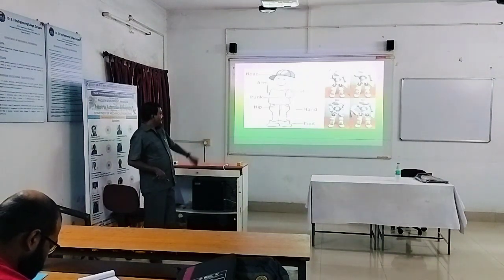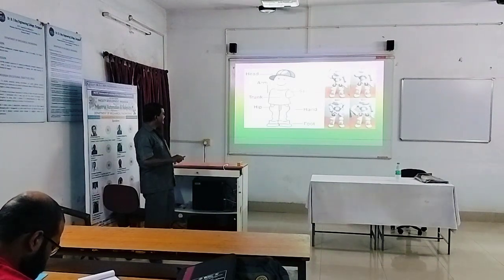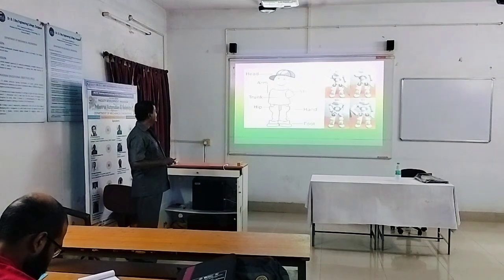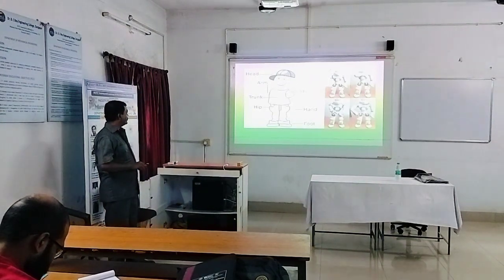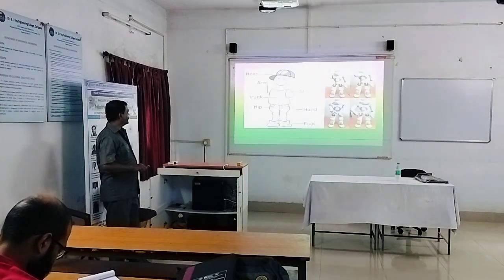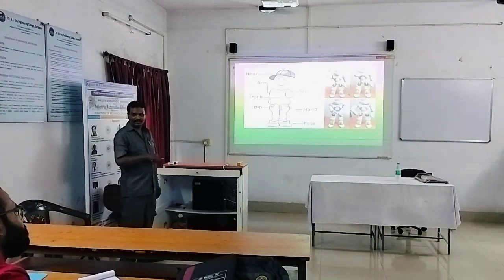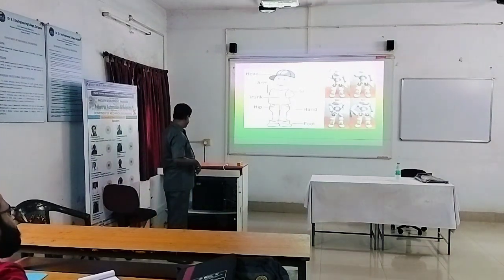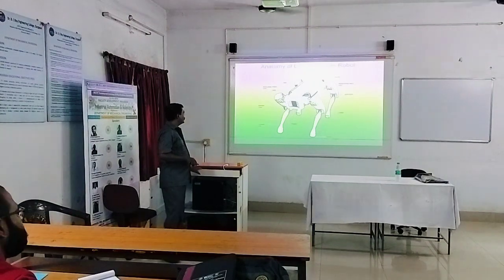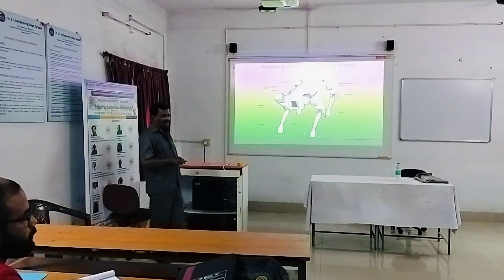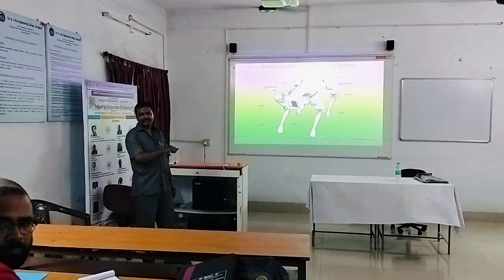So for a legged robot, this is the anatomy. It will have head, arm, shoulder, hand, leg, trunk as well as foot. Then only it will be a leg. So if it is a four-legged robot, then there will be many things.